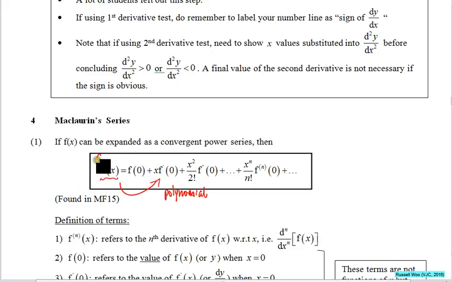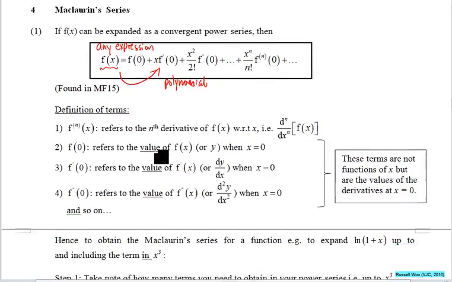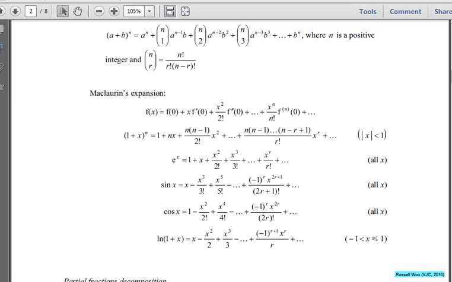So the principle is that you want to convert any expression into a polynomial. In the formula list, they have done the hard work for all of us for 5 standard expressions. But actually you are able to prove all 5.